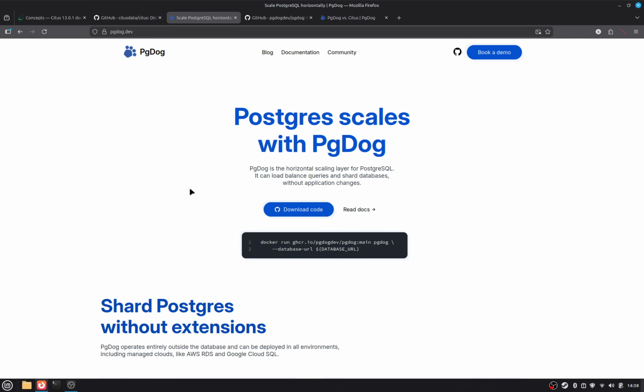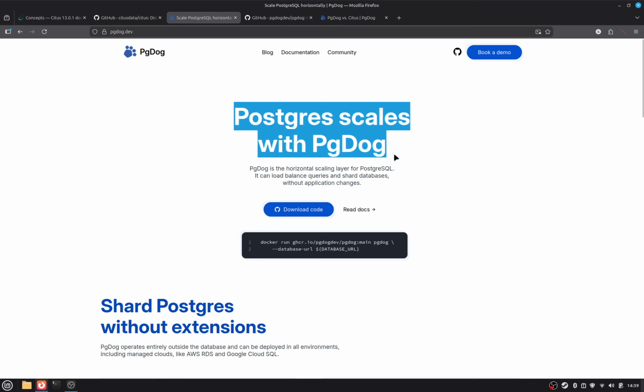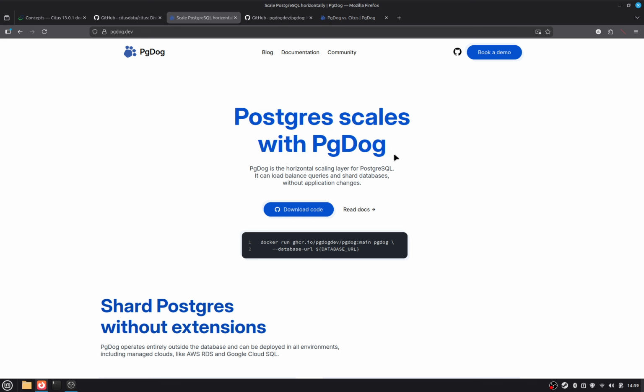Why I raise this question is that very few people are aware of PgDog. The classical techniques of scaling Postgres, when I talk with people, is they say we will partition the table, we will shard the table, and all that. The problem is that certain databases cannot be partitioned or sharded manually.